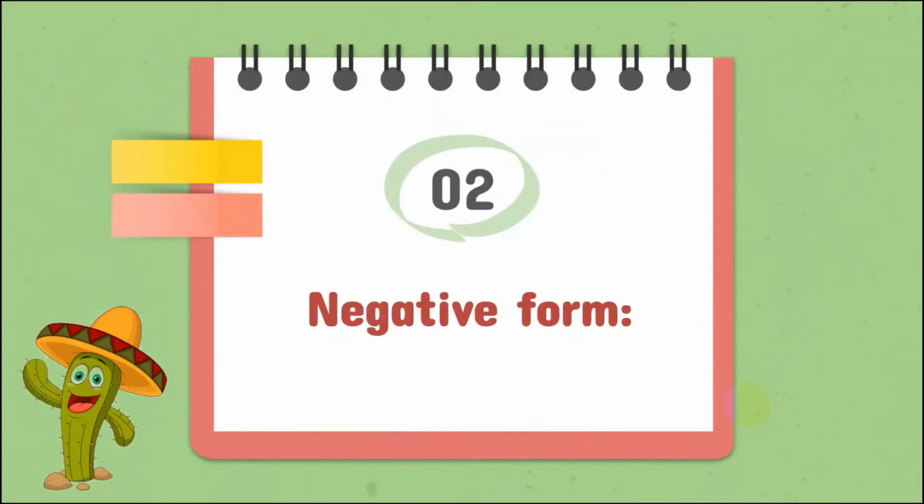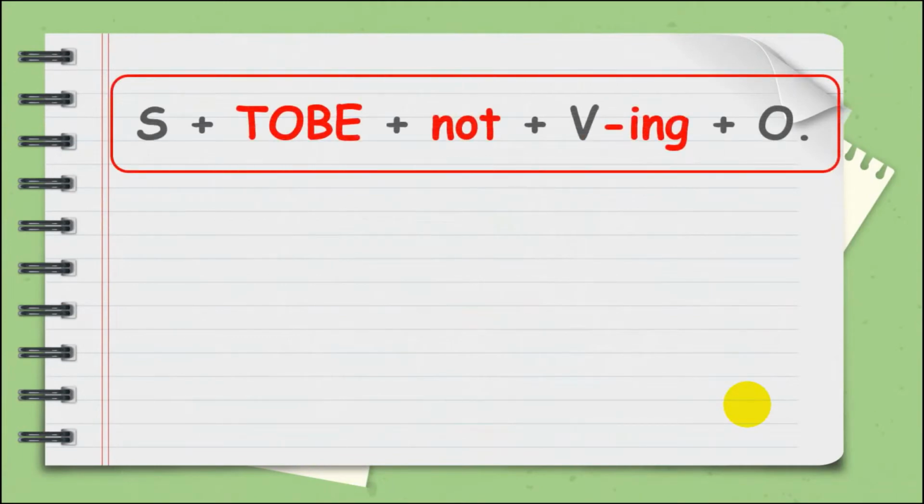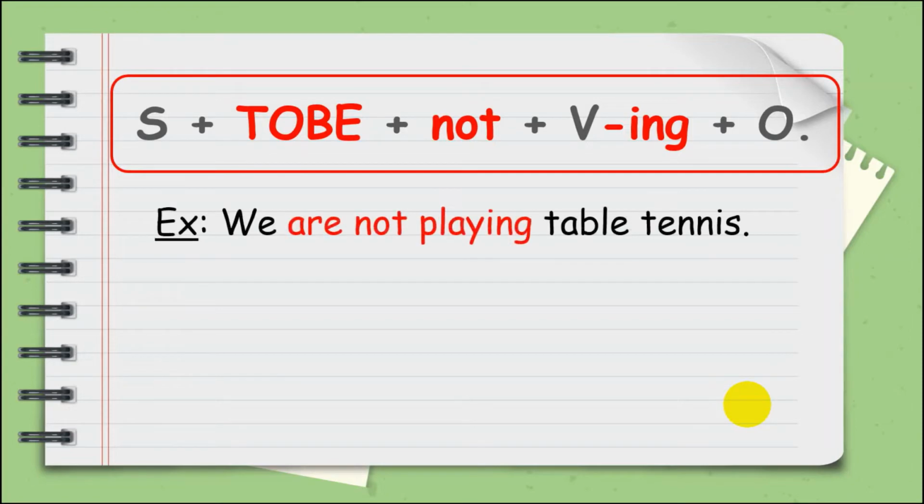Now let's move on to the negative form. Here we have subject, plus to be (am, is, or are), plus not, plus verb-ing, and object. For example, we are not playing table tennis.